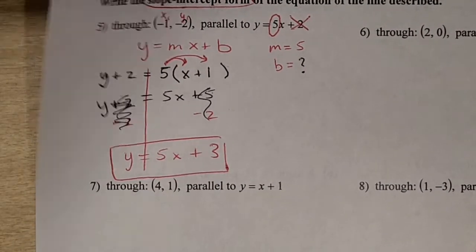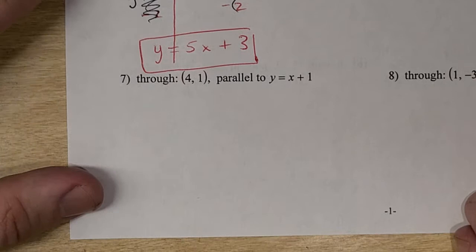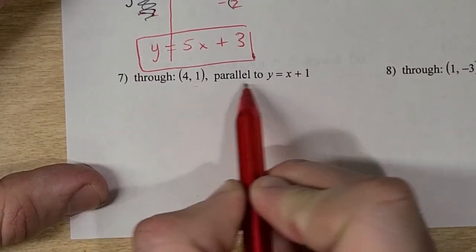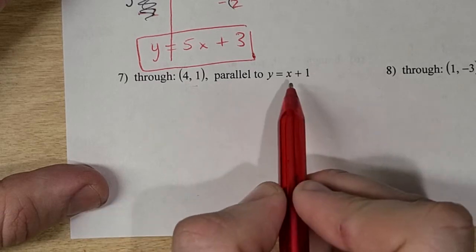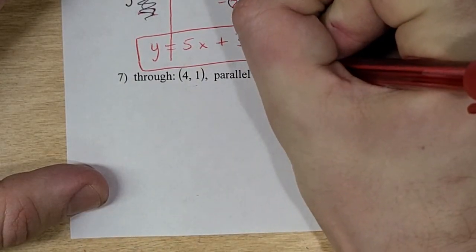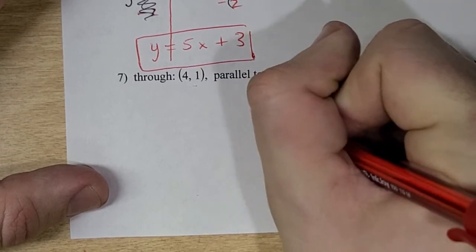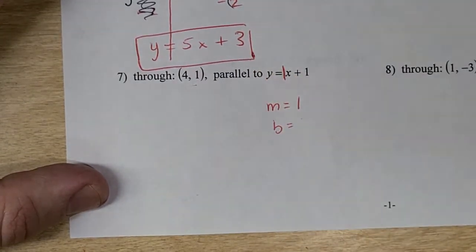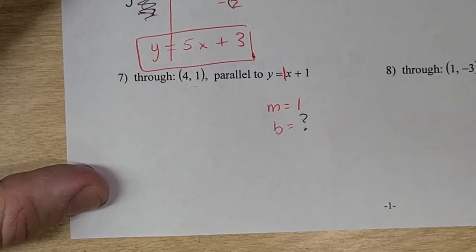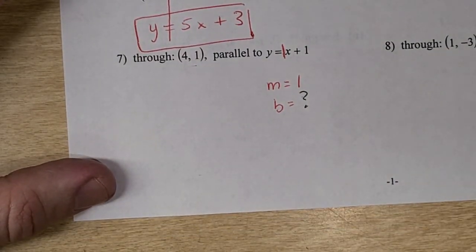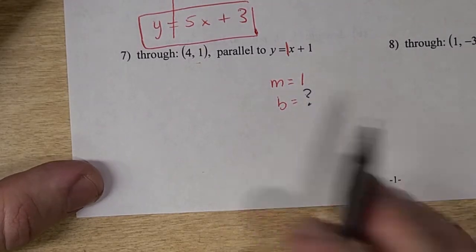And I can do the exact same thing in number 7. So number 7, I've got a point, and I've got a parallel line. Again, there is a 1 right here. So I know slope is 1, but I have no idea what b is. So I'm going to do what I did in number 5. First, I'm going to write it in point slope form, and then I'll solve for y.